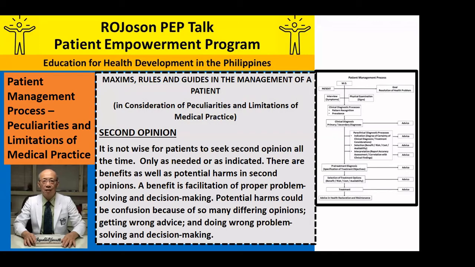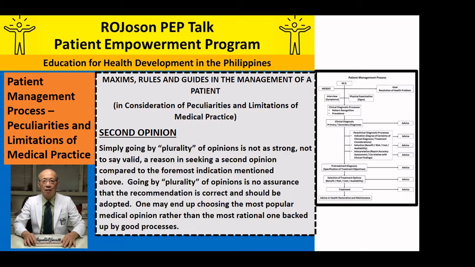There are benefits as well as potential harms in second opinions. A benefit is the facilitation of problem solving and decision making. Potential harms could be confusion because of so many differing opinions, either getting the wrong advice, or doing the wrong problem solving and decision making.